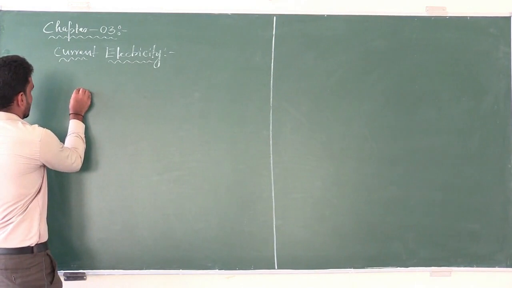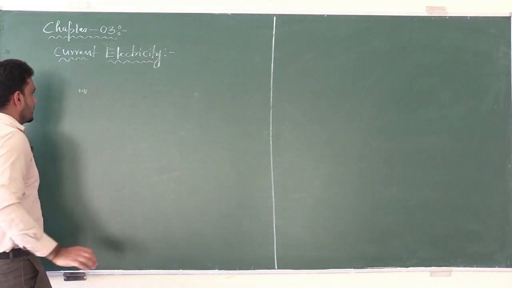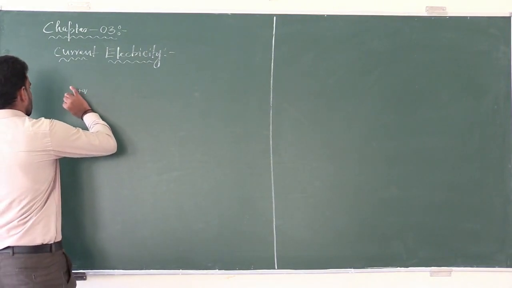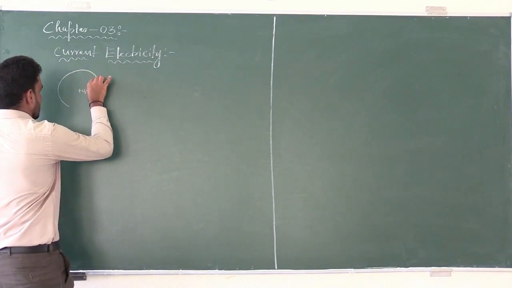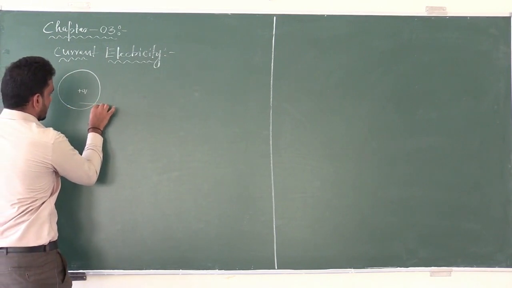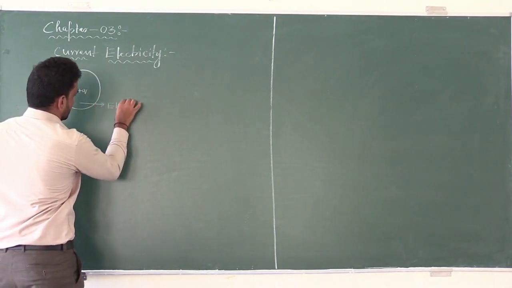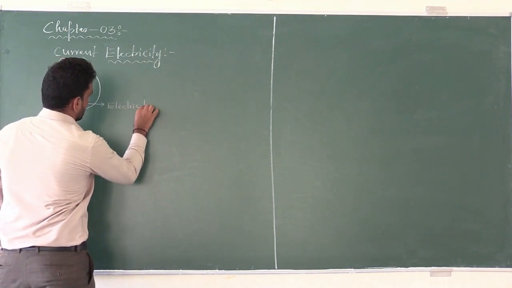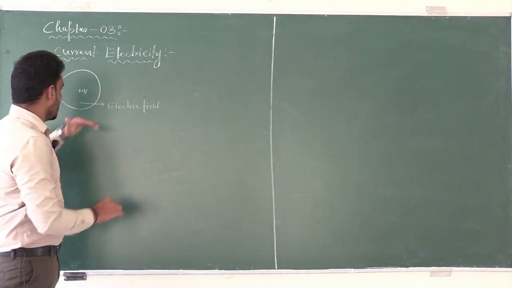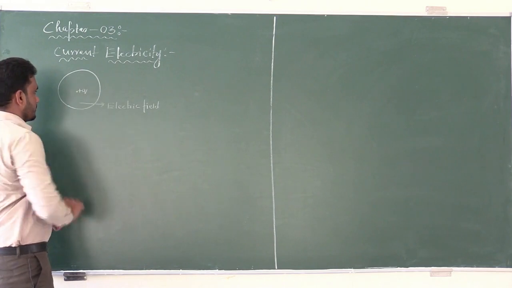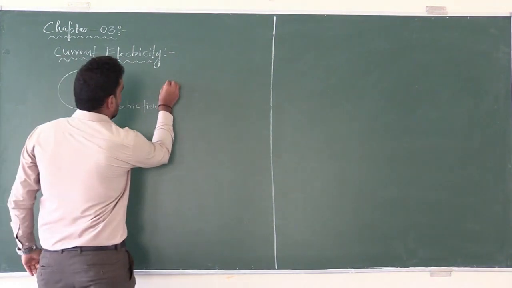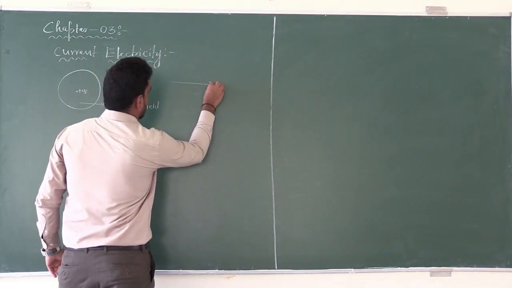Suppose I consider a point charge which is at rest. It produces an electric field in the region all around the charge, also called an electrostatic field, which we learned in the first chapter itself. Okay. Suppose the same charge is kept in a uniform electric field.